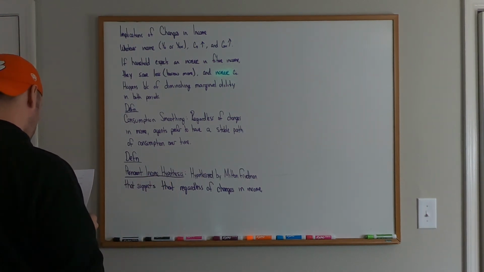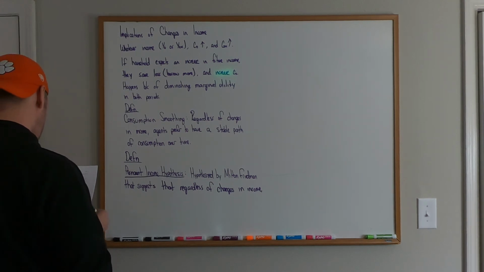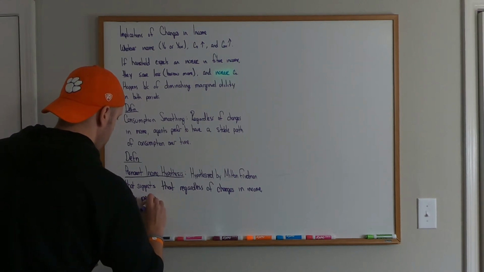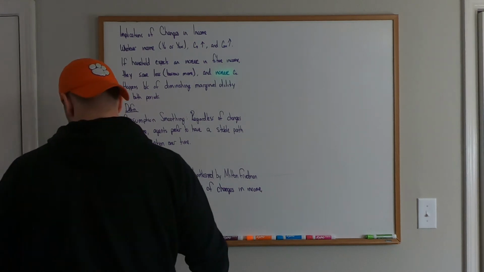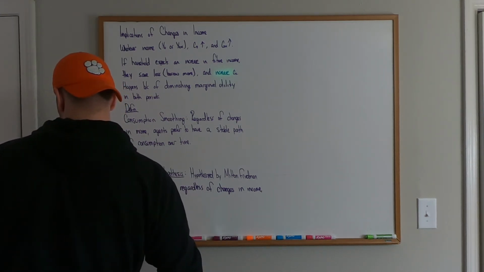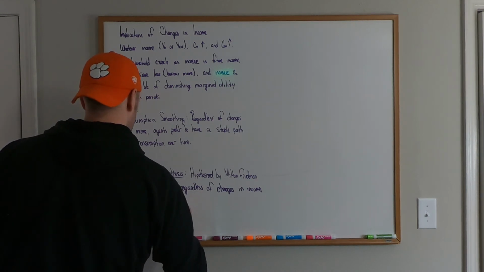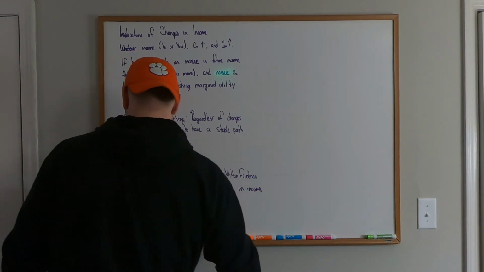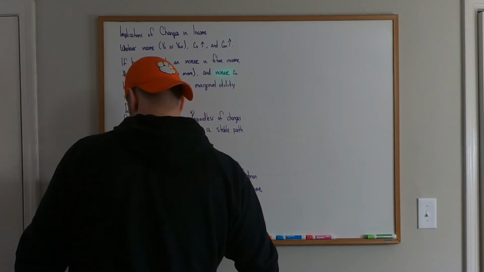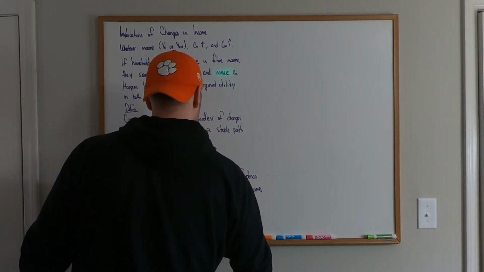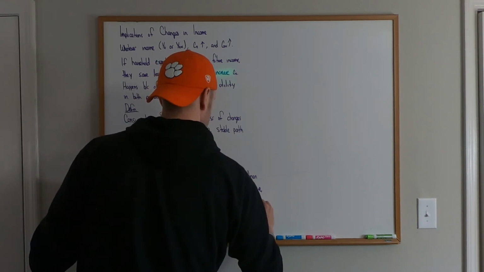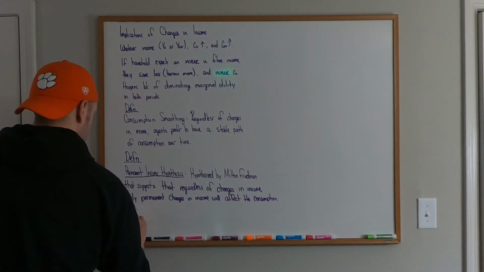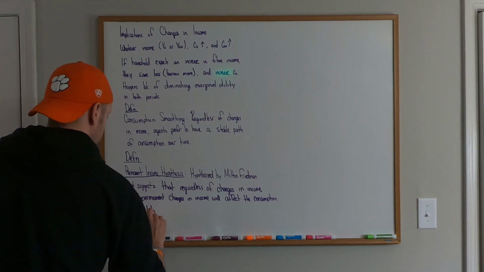Regardless of those types of changes in income, only permanent changes will affect the consumption savings behavior of optimizing agents.